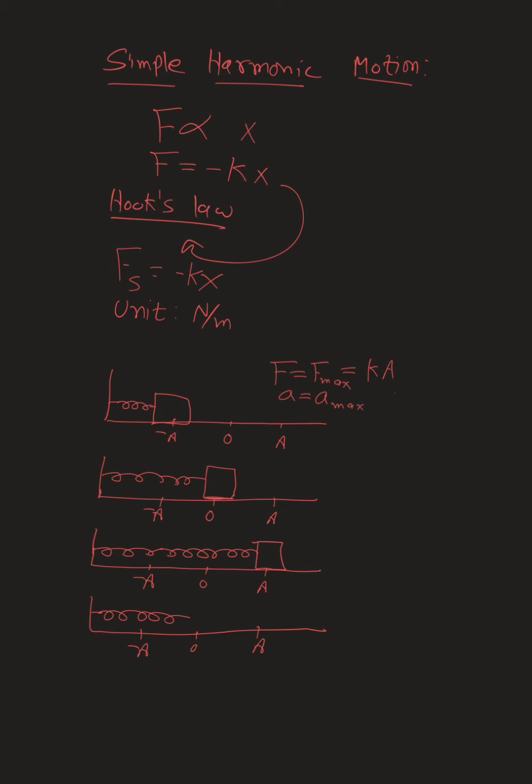Also, at that point, your instantaneous velocity is 0 because the object is going to come to a stop at the amplitude, and your position, or the displacement from equilibrium, is negative A. So this is the situation when you are compressed at the maximum displacement, on the negative side of the amplitude, right?